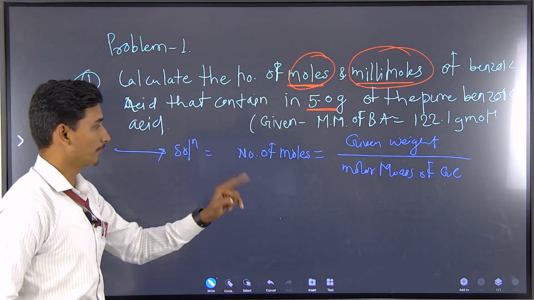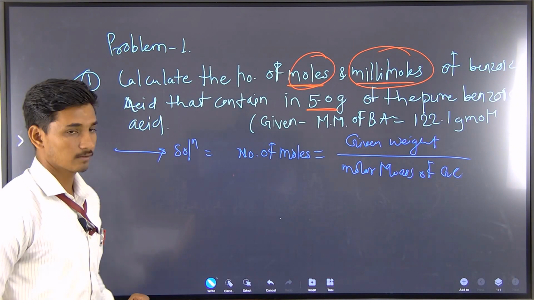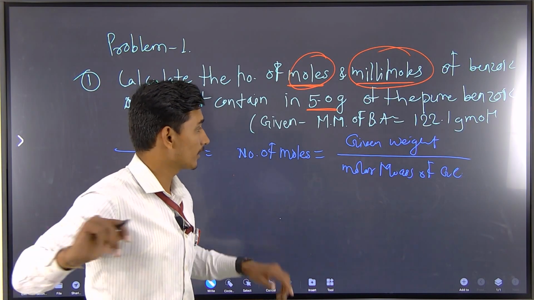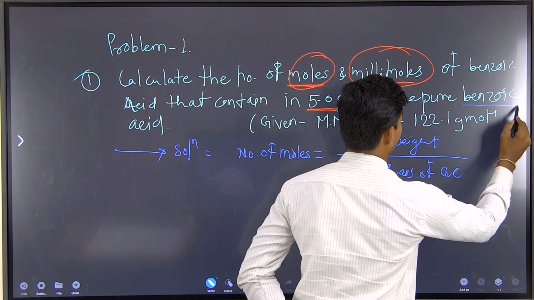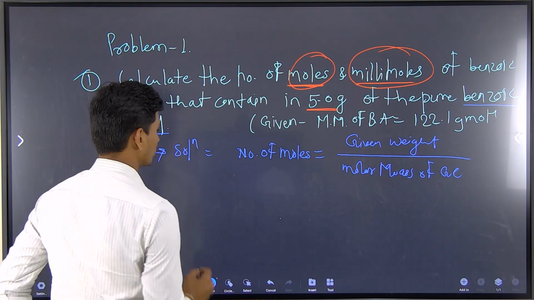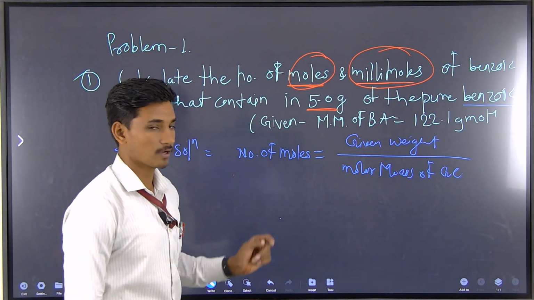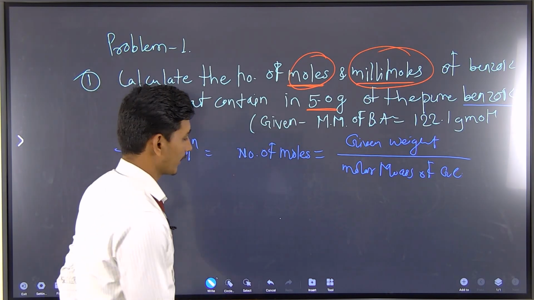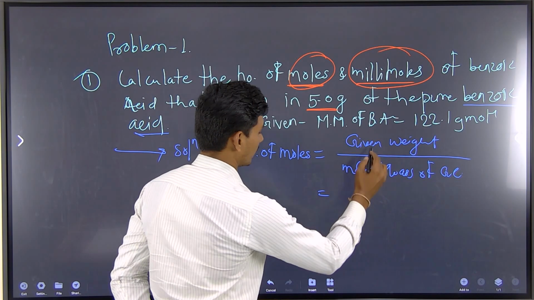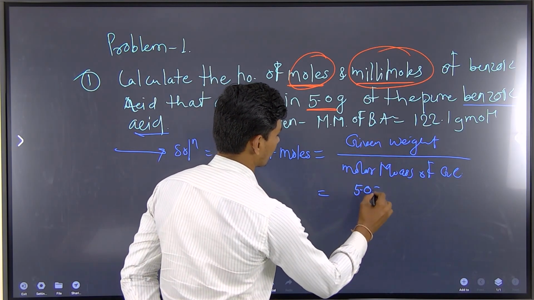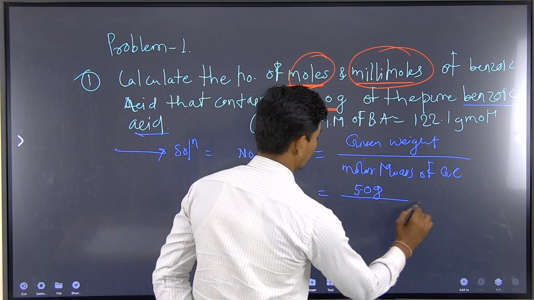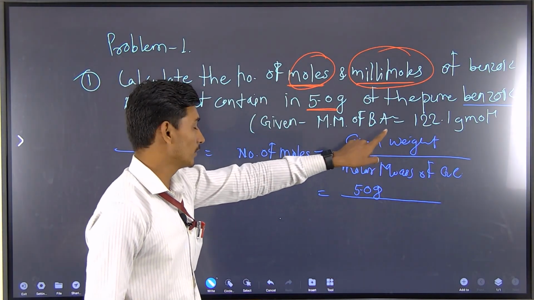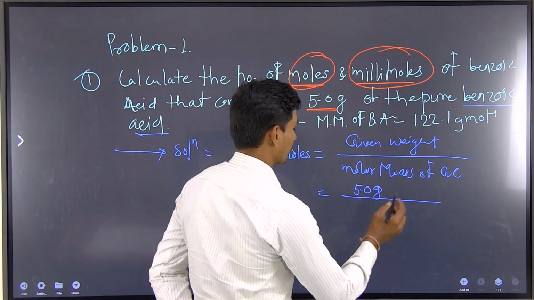Here the chemical compound is benzoic acid, and we have to find the number of moles of benzoic acid. The given weight of benzoic acid is 5 gram. The given molar mass of benzoic acid is 122.1 gram per mole.